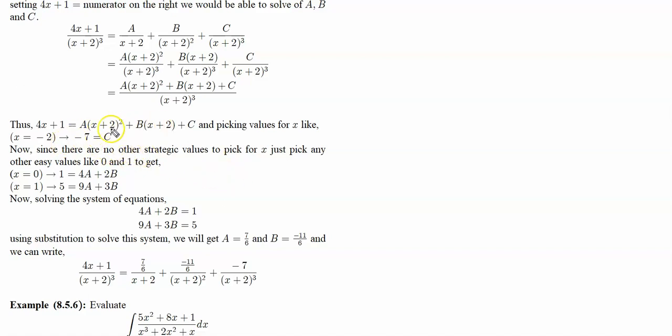So you notice if we set the numerators equal to each other, and we set x equal to -2, these two terms just go to 0, and we end up with C equaling -7. Then at that point, we can pick 2 other values for x like 0 and 1. And, well, let's just note one thing. After you know that C is equal to -7, you would have this equation.